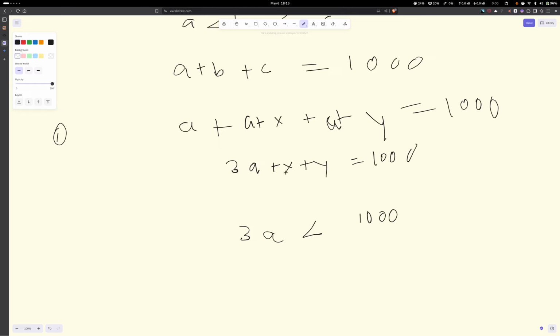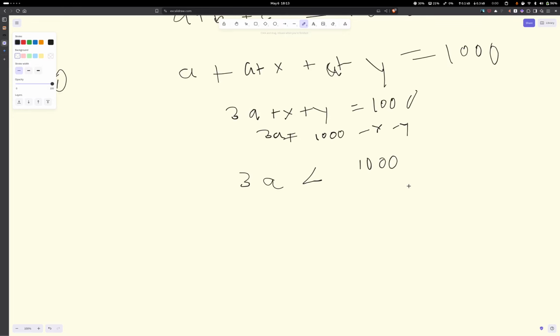So 3A is 1,000 minus X minus Y. So whatever the value of X and Y, 3A has to be less than 1,000.